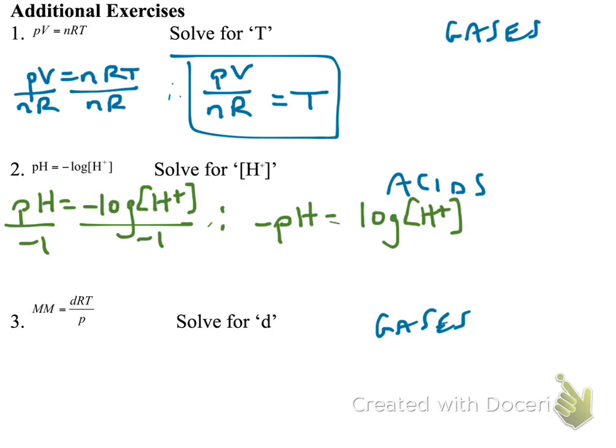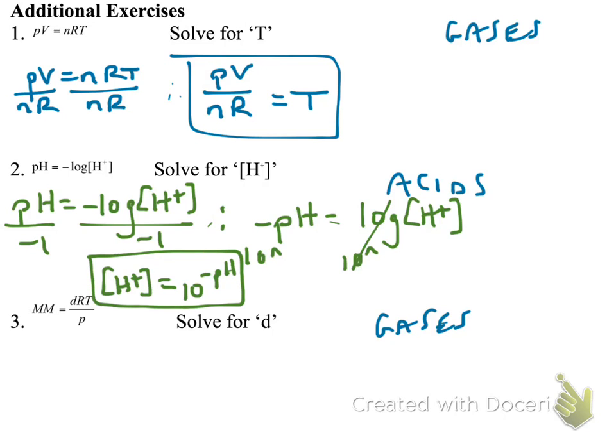In order to get rid of a log, we do 10 raised to both sides. And so that'll cancel this out, and H plus. Final one on this page.